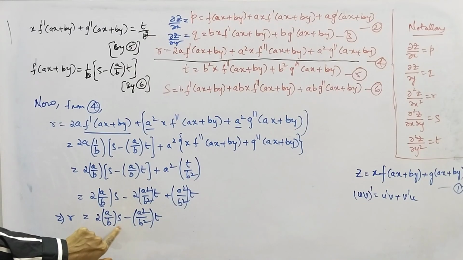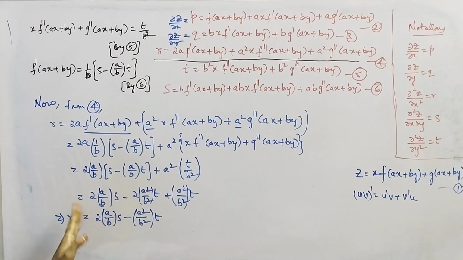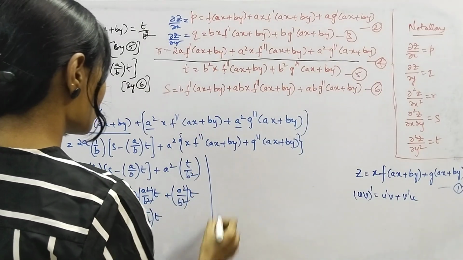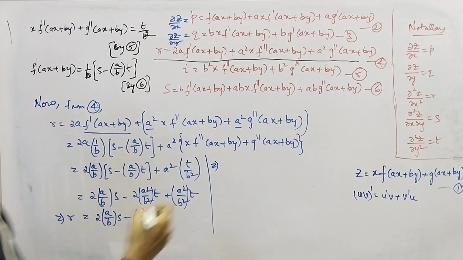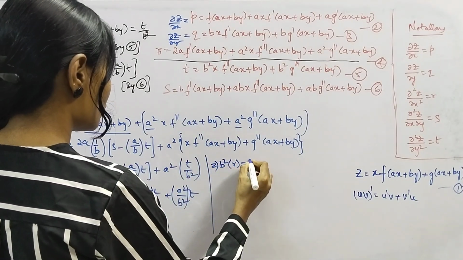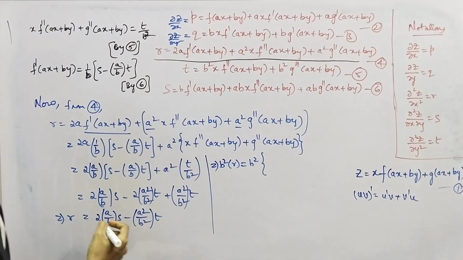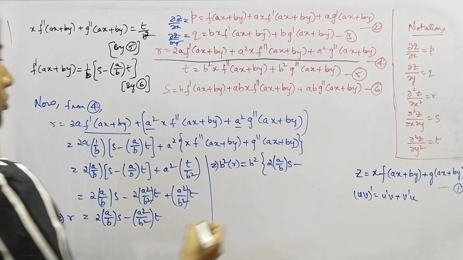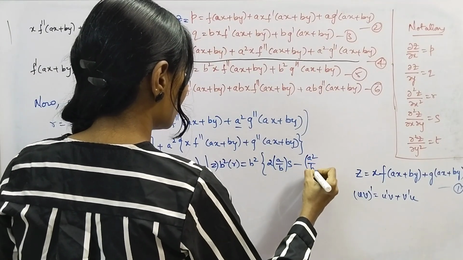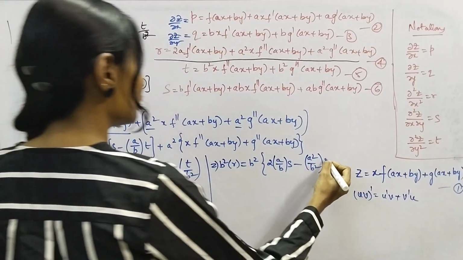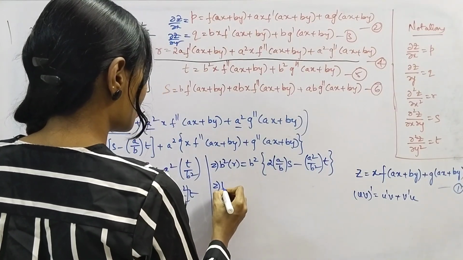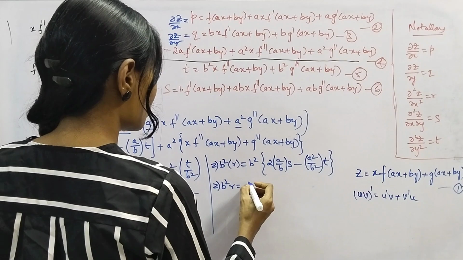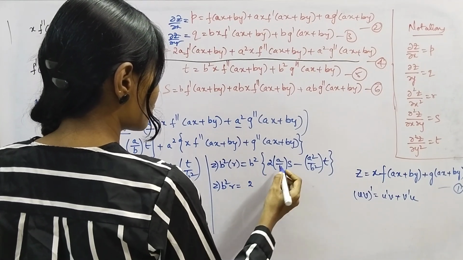So you can take the LCM of b and b square from it and you can just simplify it, or you can just multiply both sides of the equation with this b square. Okay, we'll just multiply both sides of the equation with b square. You'll get b square of r equal to b square of 2 times a by b into s minus a square by b square into t, which gives us b square r equal to 2, 1 b gets cancelled here, right?